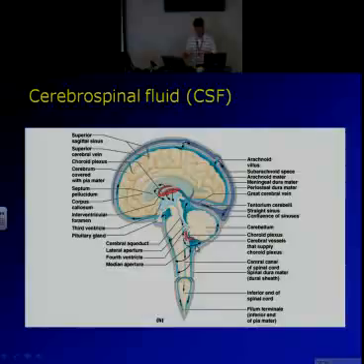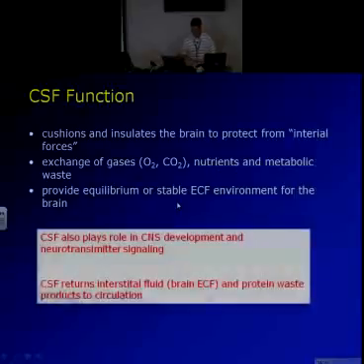So they're really two different areas, and obviously anything to obstruct or impact those, you can see the potential for ventricular pressures changing.